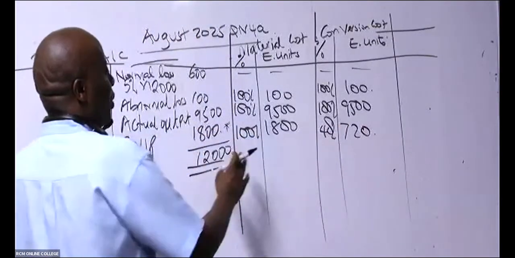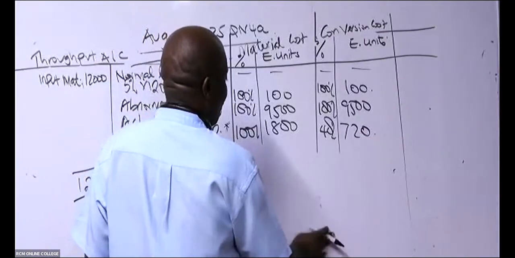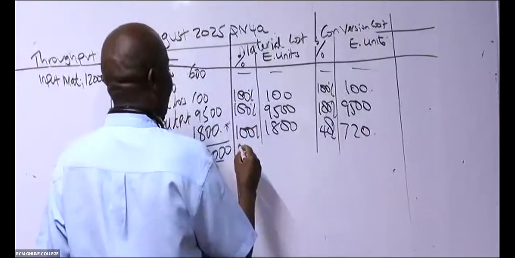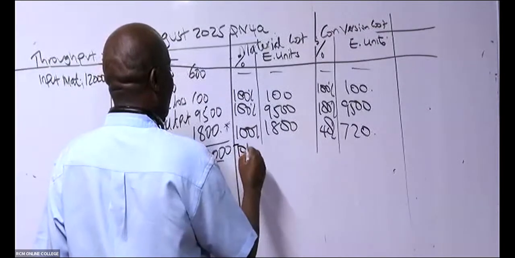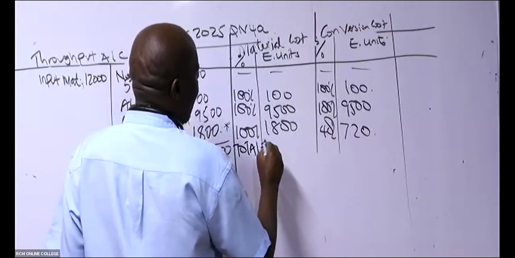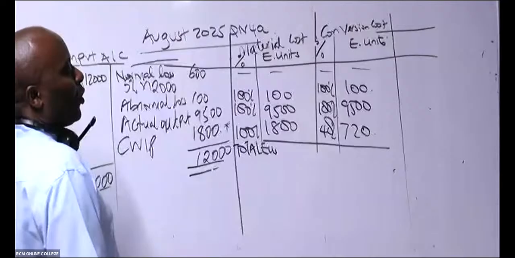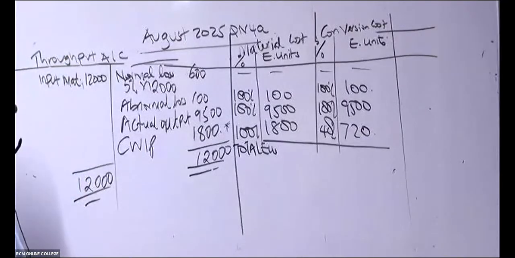And we are through. So now come here and give us our total equivalent units. Add them up. So for materials, how many equivalent units do we have?